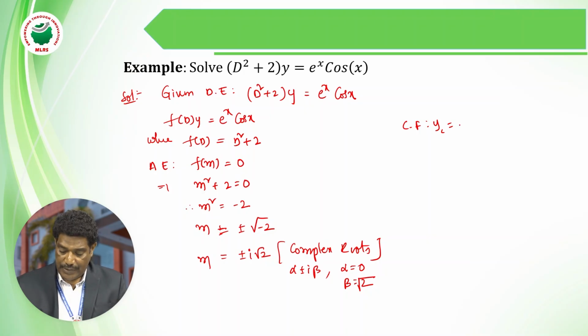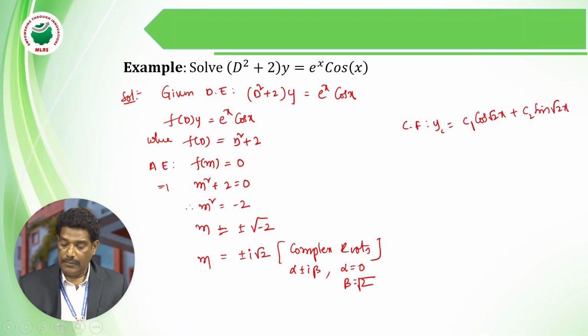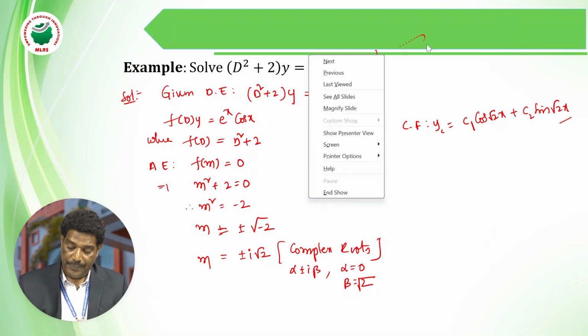E power alpha x means e power 0, which is 1, so remove it directly. I am writing c1 cos root 2x plus c2 sin root 2x. So this is our required complementary function for the differential equation.